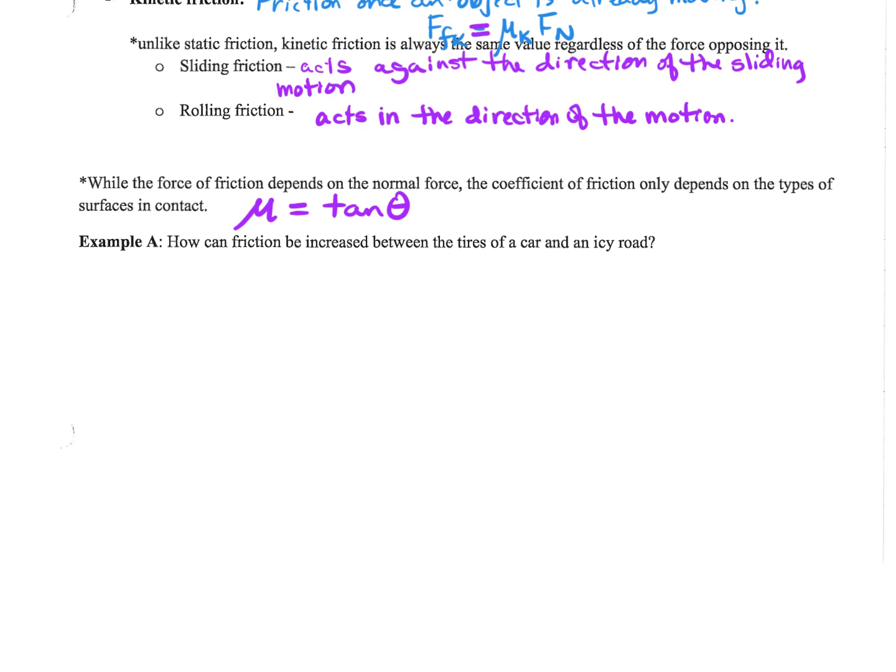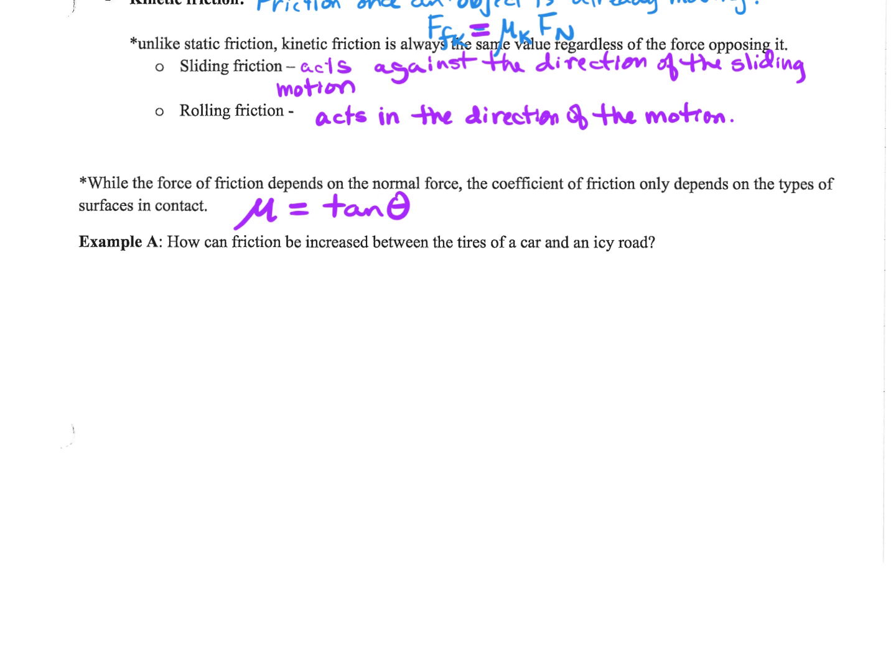It's a higher angle for static friction, and then you can actually lower it. But that's because it doesn't depend on the normal force really. It just depends on the material, right? Those microscopic imperfections.